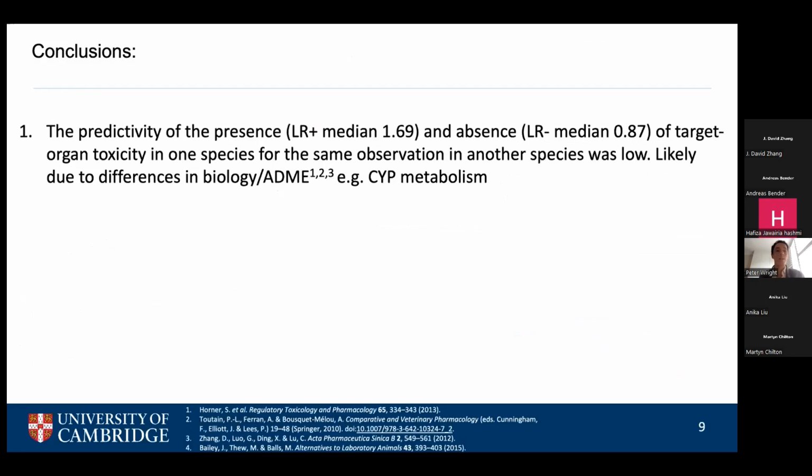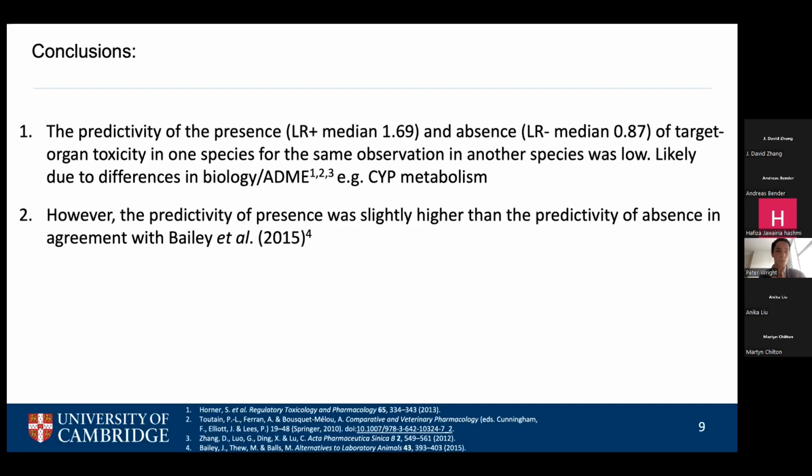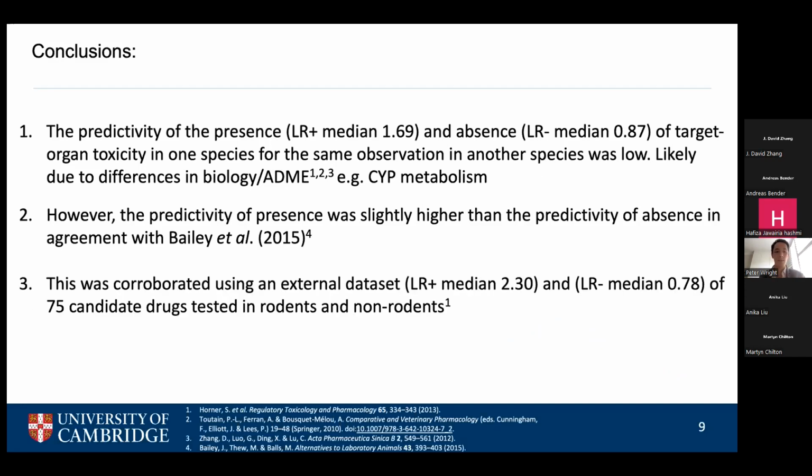Some conclusions. The main result was that the predictivity of the presence or absence of target organ toxicity in one species for the same observation in another species was generally low. And this is probably due to differences in biology and anatomy, as we tried to control for exposure differentials, so we could focus on differences in biology being a source of differences in toxicity. However, the predictivity of presence was slightly higher than the predictivity of absence, and this is in agreement with the previous study of Bailey et al.